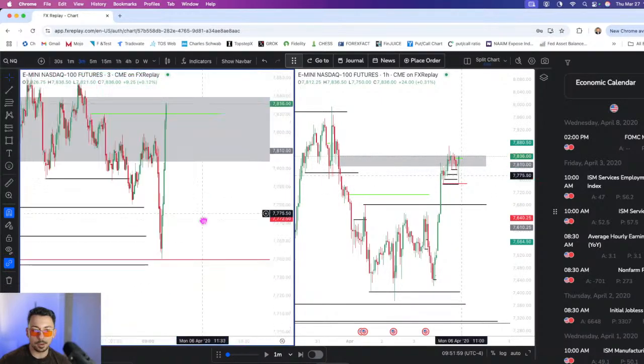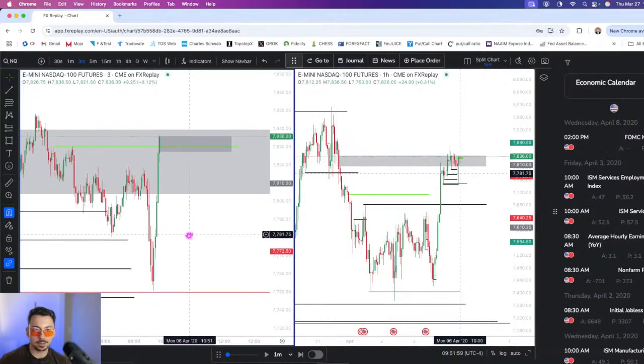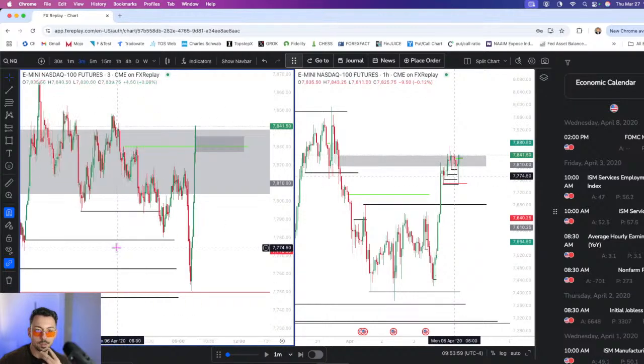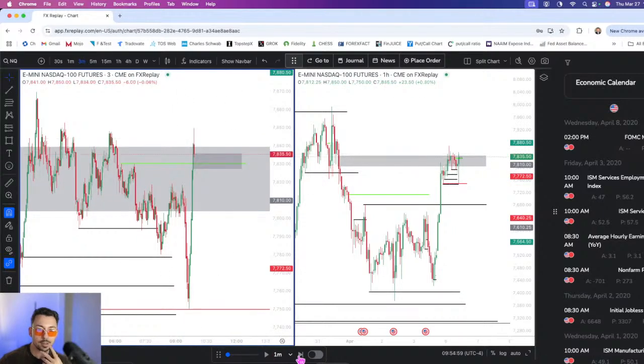I'm going to label them in red. What I want to see here is either a really nice IFEG up here, and I'll move my stop to break even when this fair value gap hits, or if we fully close all these up close candles, we'll target the equal lows. And let me just check the time. It's 9:50. Okay. Yeah, so I'm looking for a sweep of liquidity here and then potentially an IFEG to the downside.